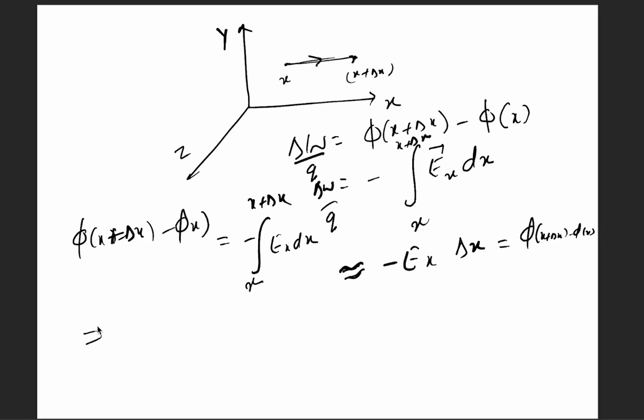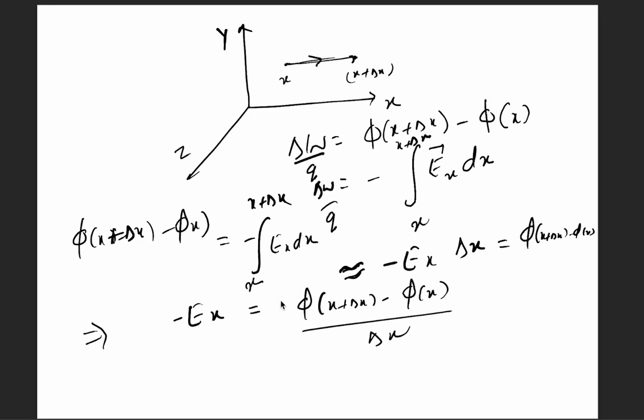So you see that Ex is minus phi at x plus delta x minus phi at x, over delta x, and this is approximately equal because I am still assuming that delta x is finite, but when I take the limit that delta x goes to 0, this approximate sign will convert to an equal sign, and we can find that Ex is nothing but equal to minus dou by dou x of this phi.